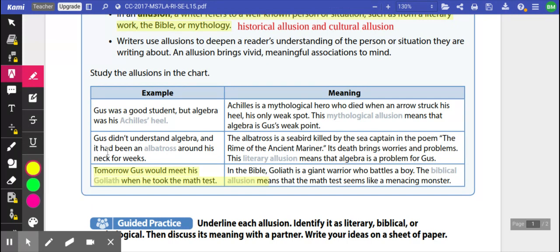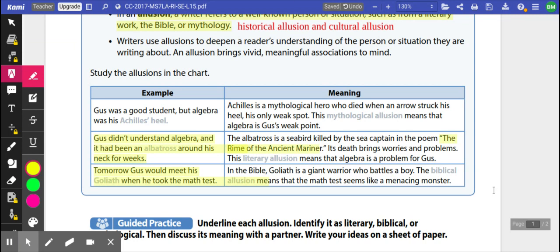This middle one says Gus didn't understand algebra, and it had been an albatross around his neck for weeks. So, if you don't know what that means, an albatross is a type of bird, and there's a poem called The Rime of the Ancient Mariner.